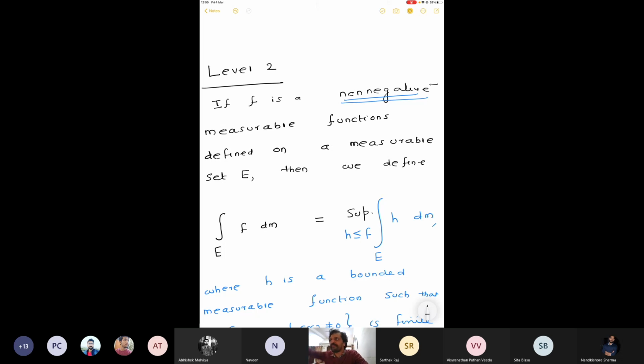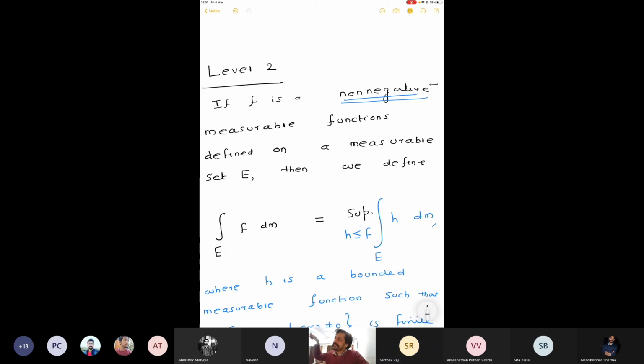While integrating that simple function, you will use level 0. That is okay. But you are defining it through a supremum. Instead of integrating in a single step by the summation of alpha_i m(E_i), you are doing it for each function h, and then taking a supremum. Is that clear? Yes, sir.